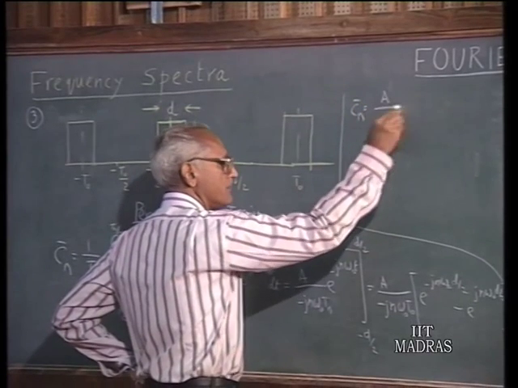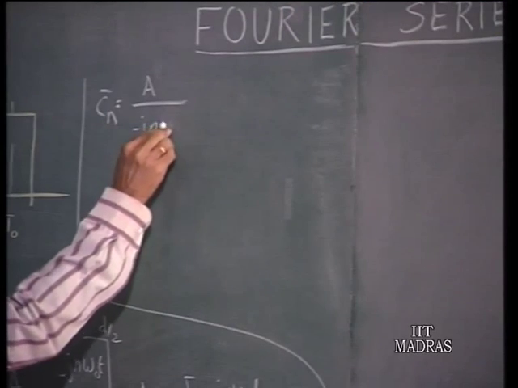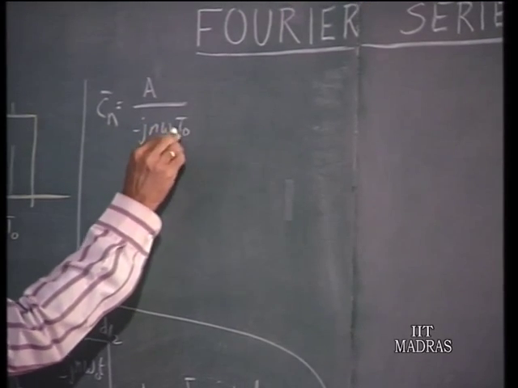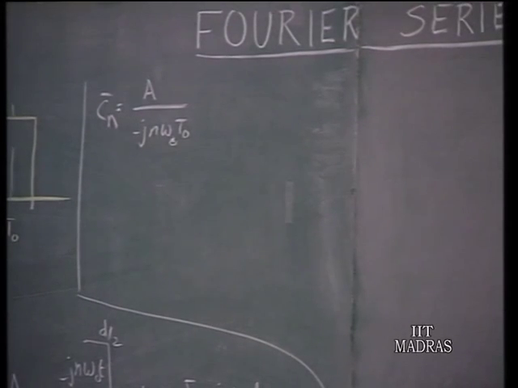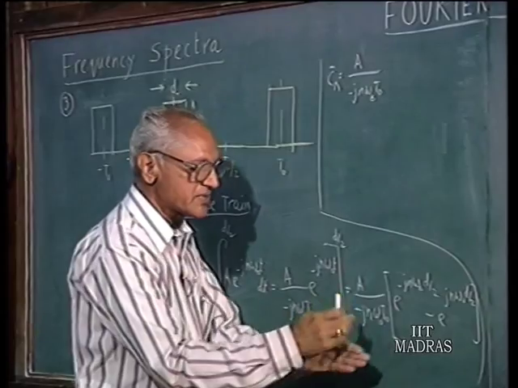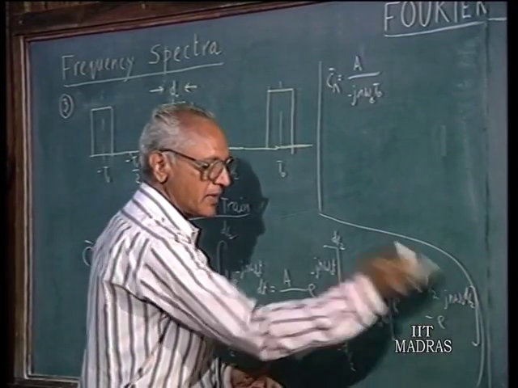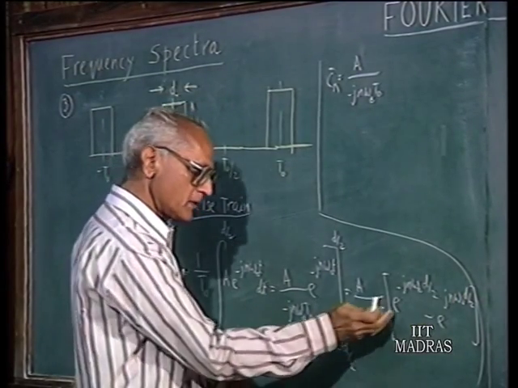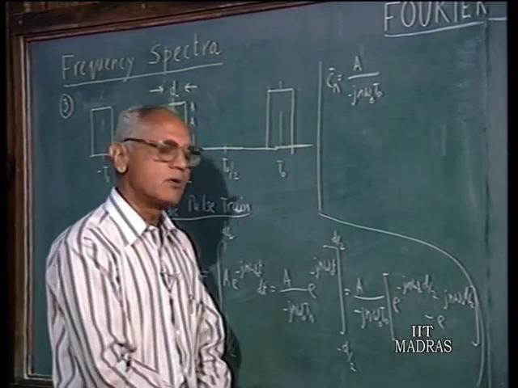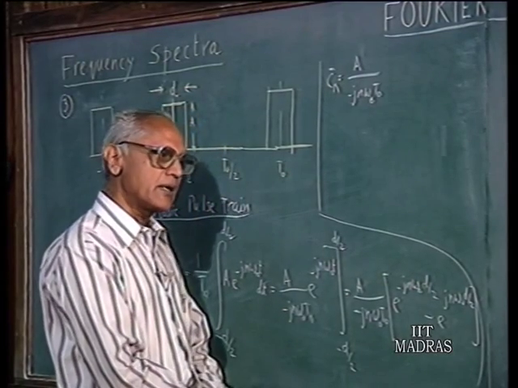A divided by minus j n omega naught T0, times this. You notice, if we had reversed the sign, e to the power of j n omega naught d upon 2 minus e to the power of minus j n omega naught d upon 2 would be 2j sin of n omega naught d upon 2.